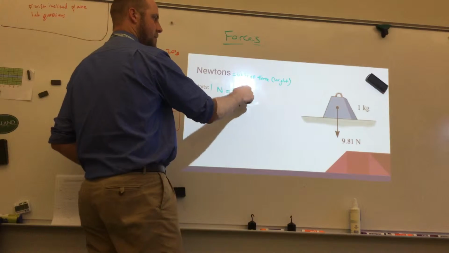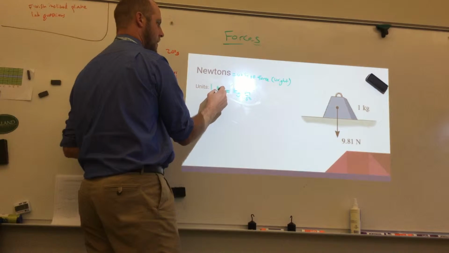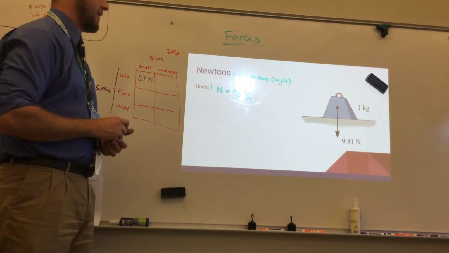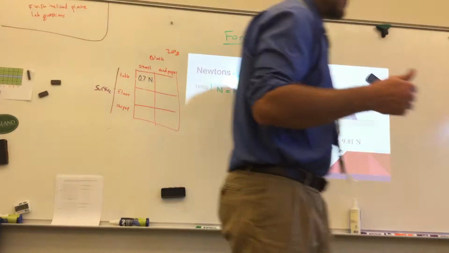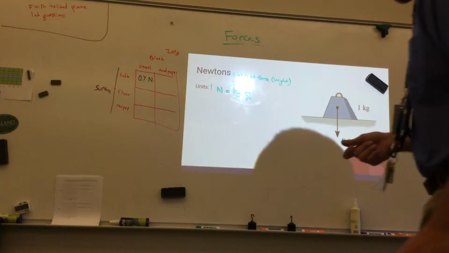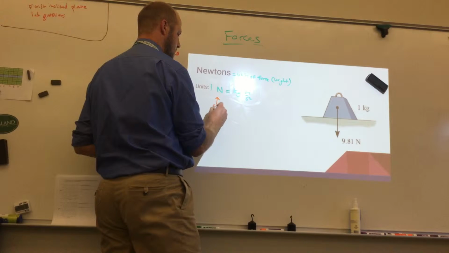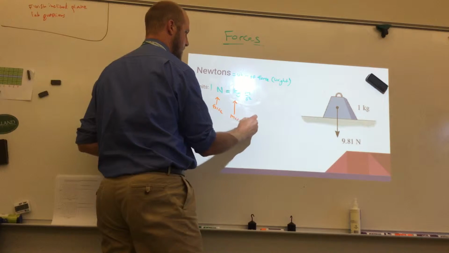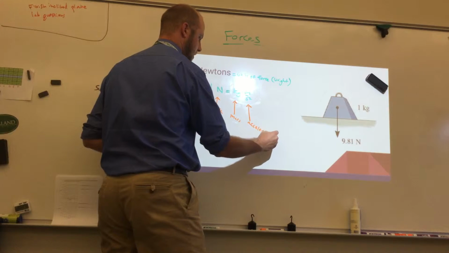That gets a little bit clunky to be using those units, so we actually combined all of those into one new unit called Newton. That's named after Sir Isaac Newton, who came up with Newton's laws, really applying gravity. One last thing I wanted to draw on here: Newtons are force, kilograms is a mass, meters per second squared is acceleration.